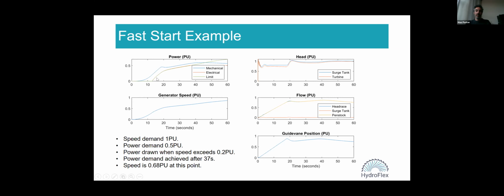It's limited by the power limiter. So the power limiter limits the power until it can sustain that power level at about 37 seconds. But in the meantime, it's limiting the power, but providing a little bit of margin to allow the generator speed to keep increasing.